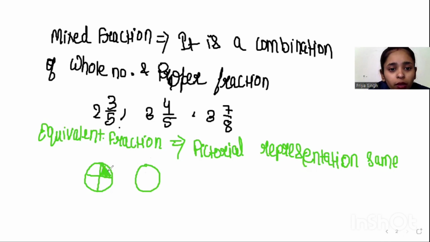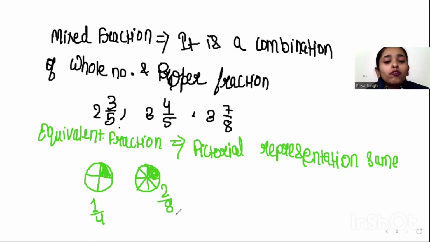And this circle is divided into 8 equal parts, and 2 parts are shaded. Looking at the pictorial representation, in both circles 1/4 part is shaded, while here it is 2 out of 8 parts shaded.